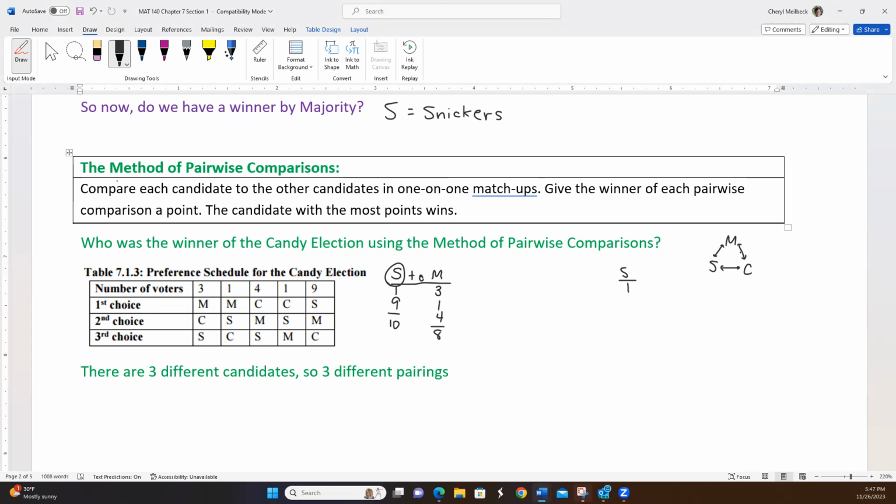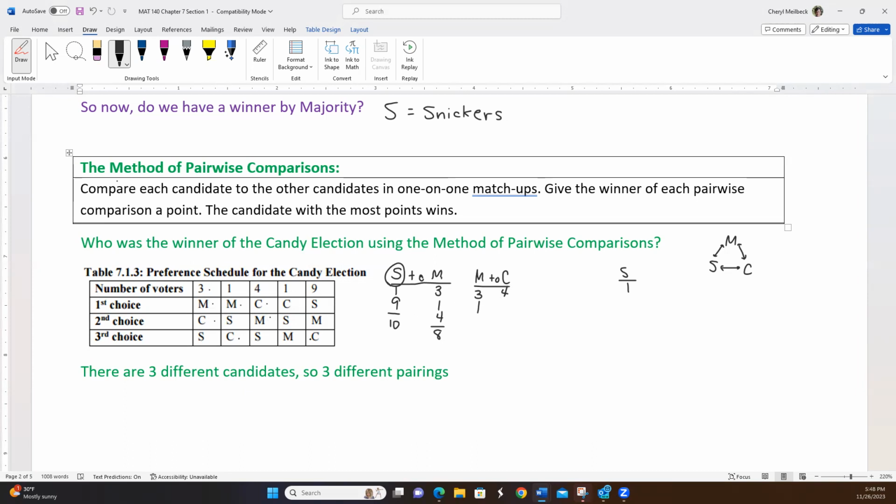Now let's compare M to C, and we do the same thing. In our first column, M is first and C is second, so M gets those 3 points. In my second column, M is first and C is third, so M gets that point. In my fourth column, C is first and M is second, so C gets those 4 points, et cetera.